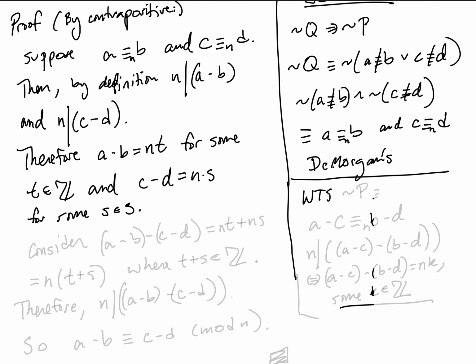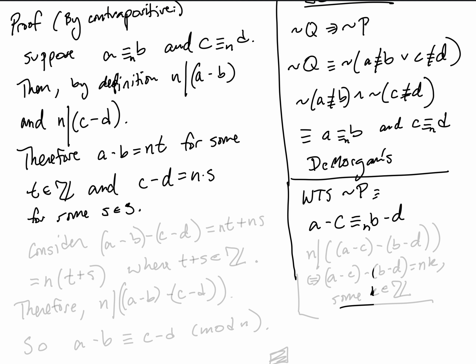So WTS, want to show not P. In other words, we want to show the negation of A minus C is not congruent to B minus D, which is A minus C is congruent to B minus D mod n. So what is the definition of that?